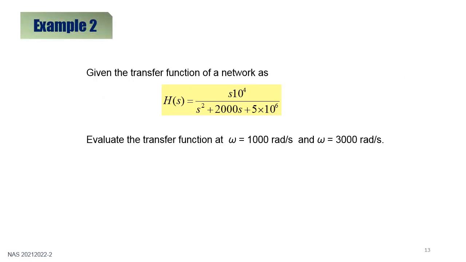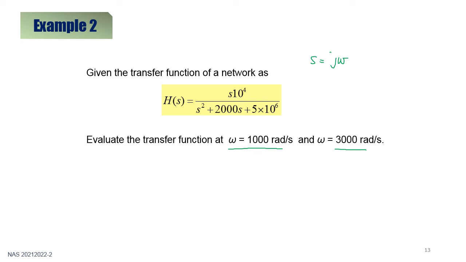Okay, let's look at the second example. Given a transfer function in S domain, you need to evaluate the given transfer function at specific frequencies, omega equal to 1000 and omega equal to 3000 radian per second. We have seen in the earlier slides that S equals J omega, assuming there is no initial condition and the system is in steady state.